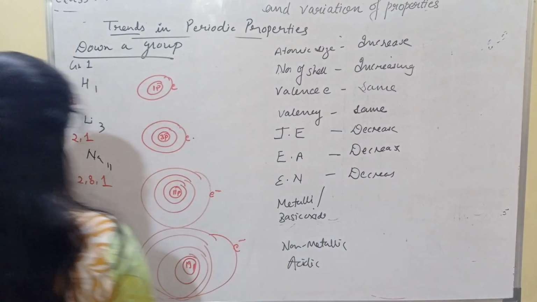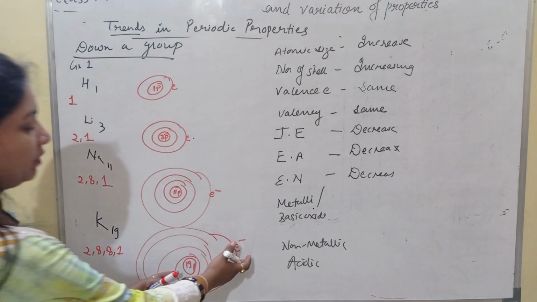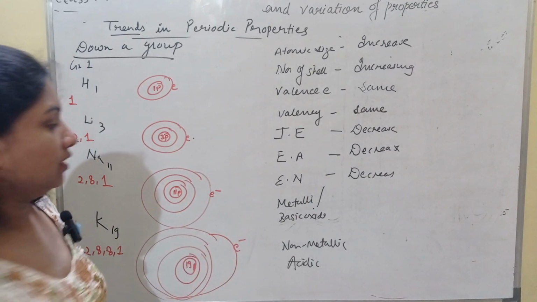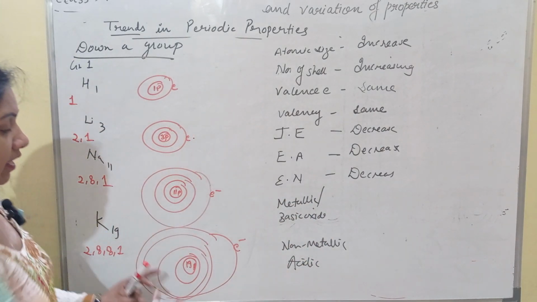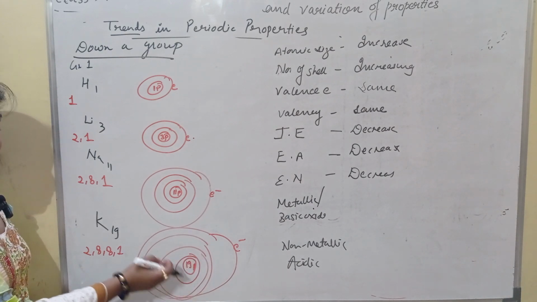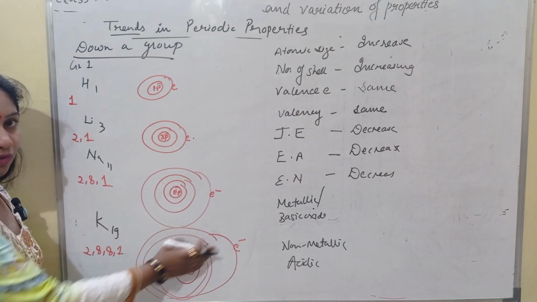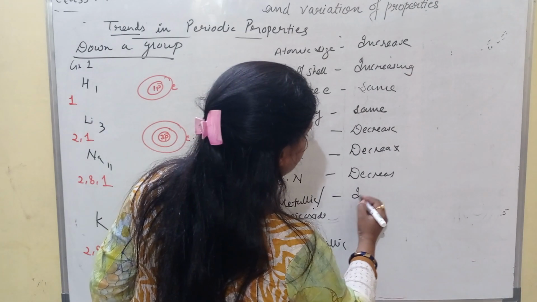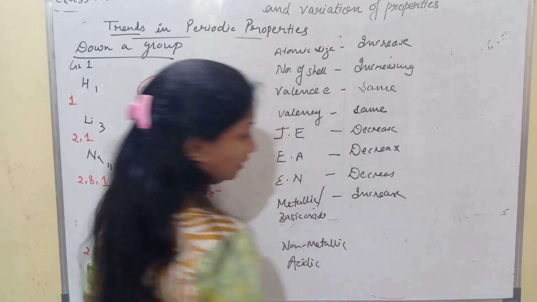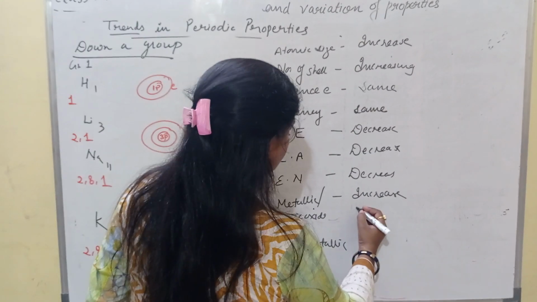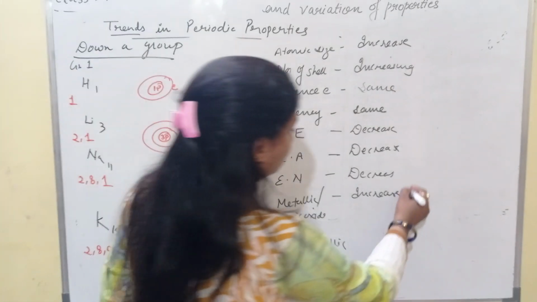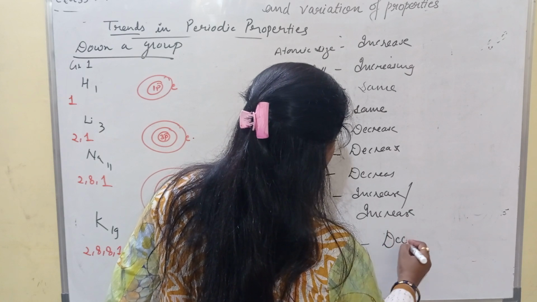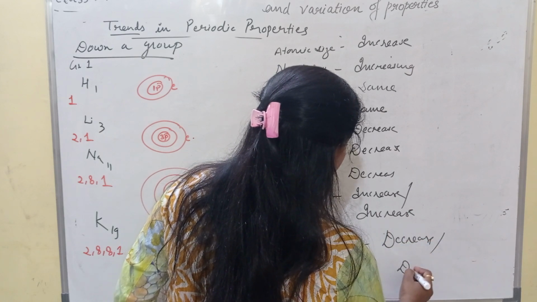As we move down the group, the removal of electrons becomes easier, and we need that for metals, because metals are the elements that have the tendency to lose electrons. As the size is increasing, the force of attraction decreases, so the removal of electrons becomes easier. So the metallic character increases. If metallic character is increasing, then definitely the tendency to form basic oxide also increases, so both will increase. And non-metallic character will decrease, both will decrease.